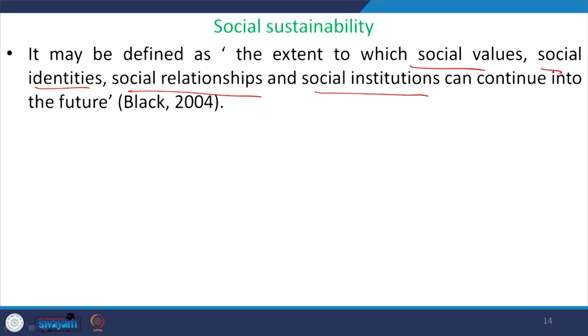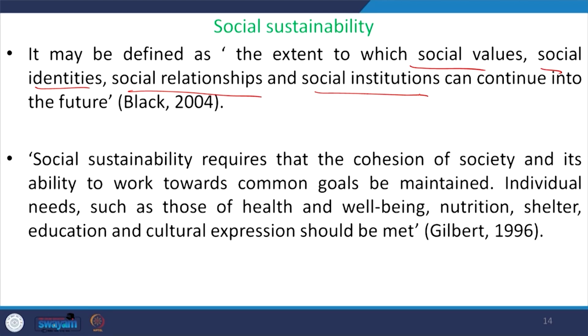If this is happening in the society in terms of preserving and continuing the societal values, the societal understanding, the societal identities, the societal relationships and institutions, then it is known as the societal sustainability or social sustainability.